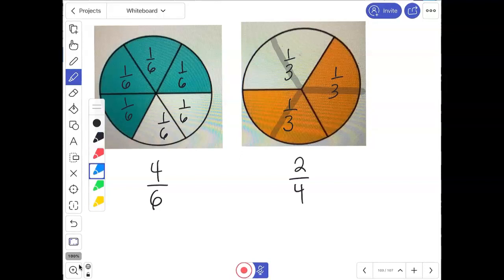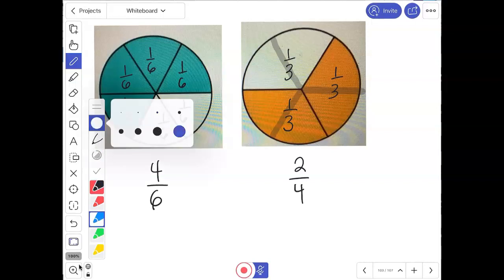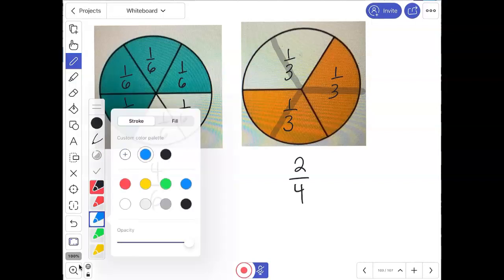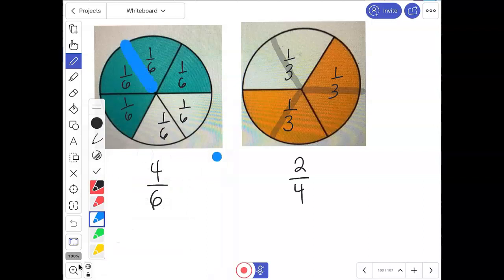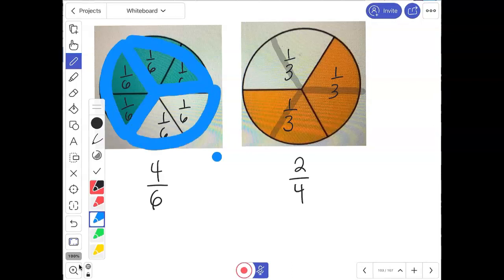If I took this one and made it clearer that it was thirds, like if I did this, this is a third, this is a third, and this is a third, does it look the same now? I think it does. 4/6 and 2/3 are equivalent. It's the same fraction, just dressed up differently, because all sixths are thirds kind of cut in half.